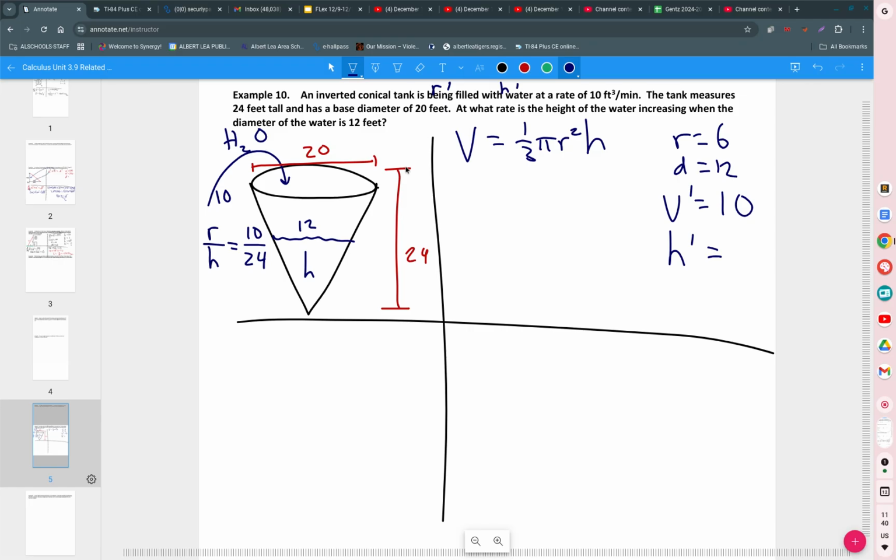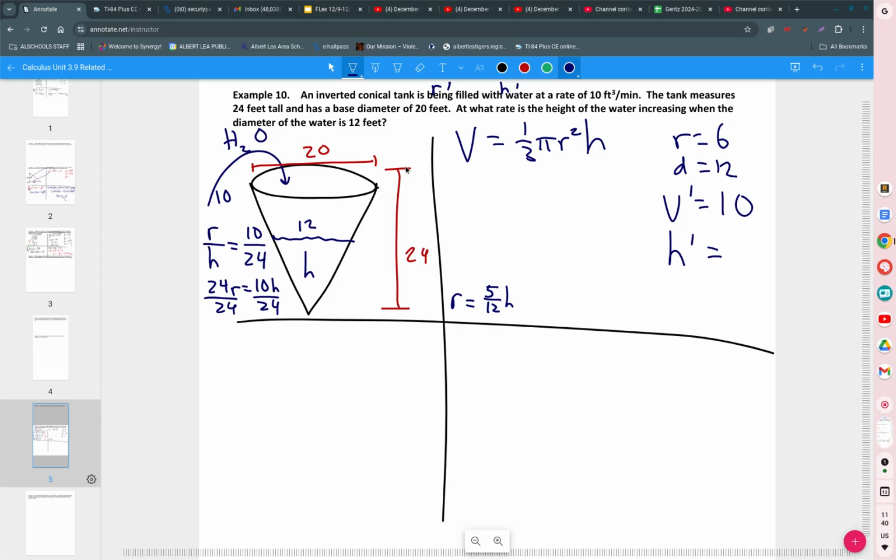So that means that the water will fill at that same ratio. The ratio of the water will also be 10 over 24. As I cross multiply, I get 24R is equal to 10H. And now as I divide by 24, I get R is equal to 5/12 H.